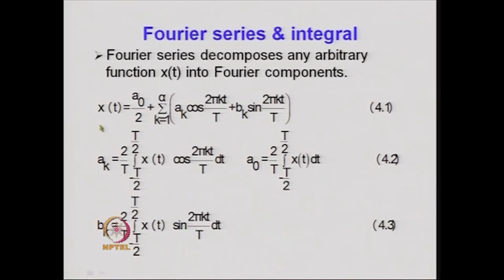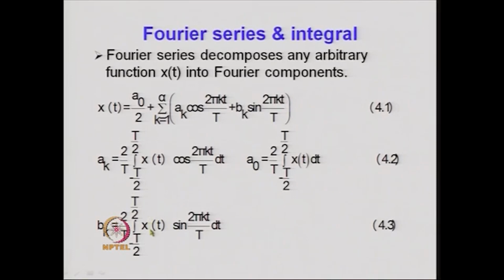If I take a single time history, then it can be broken up into a number of harmonics, or in other words, if we sum up a number of harmonics, then we get an irregular time history x(t), and a_k and b_k are obtained from this relationship.